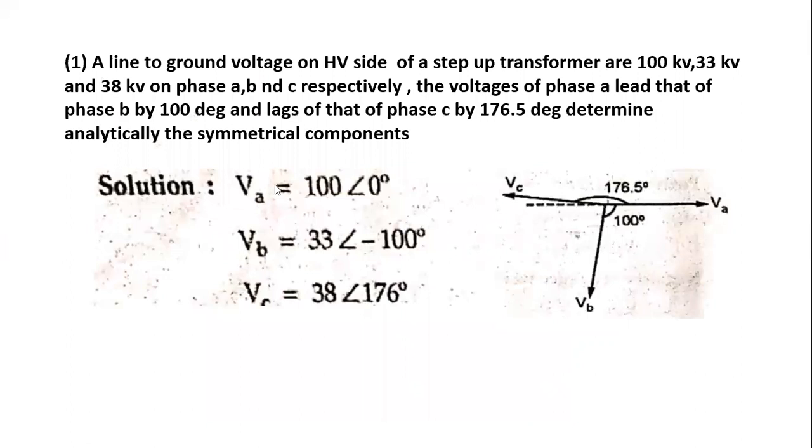Next, coming to the problem. The line to ground voltages on the HV side of a step-up transformer are 100 kilovolts, 33 kilovolts, and 38 kilovolts on phase A, phase B, and phase C respectively.